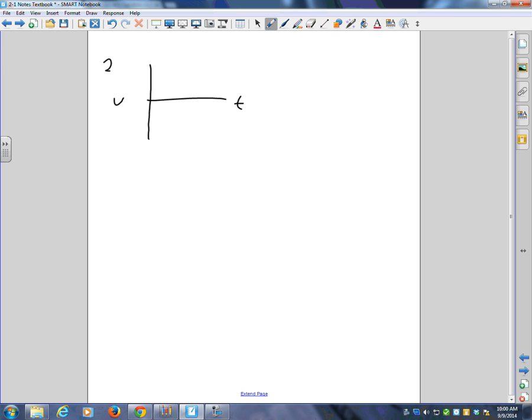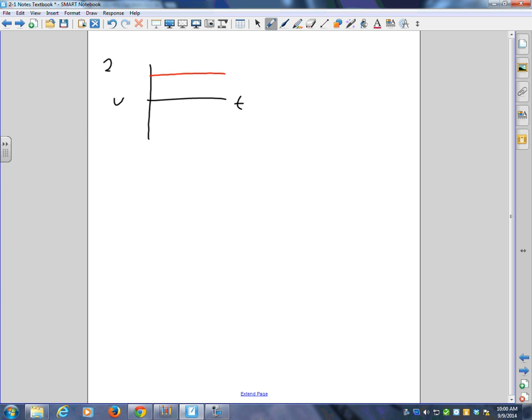Uniform motion means constant velocity. So how do you draw constant velocity moving forward? Chris, I heard you say straight line. You mean straight, or do you mean straight and flat? You mean flat. Okay. You're correct. That is uniform motion forward.